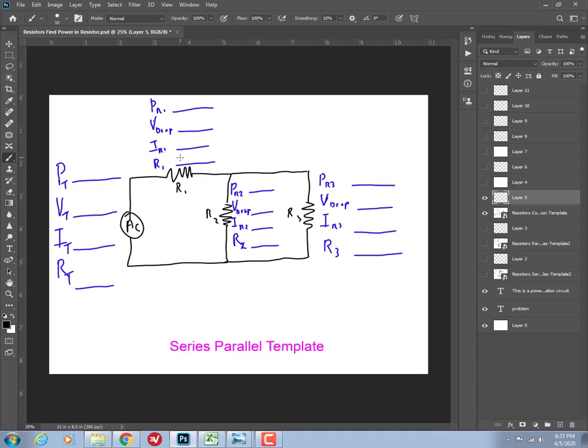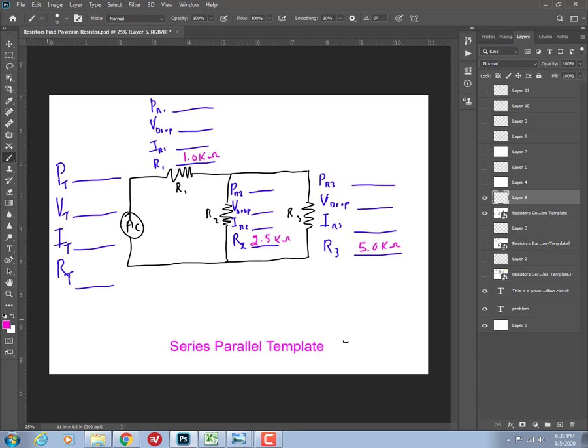R1 is 1.0 K ohm. R2 is 2.5 K ohm, and R3 is 5.0 K ohm.